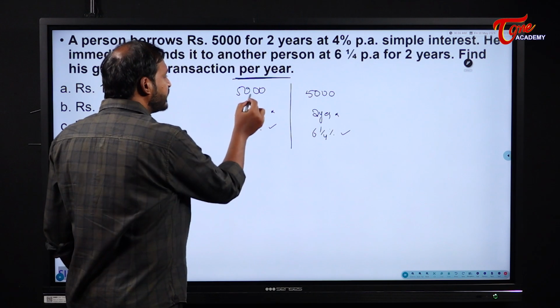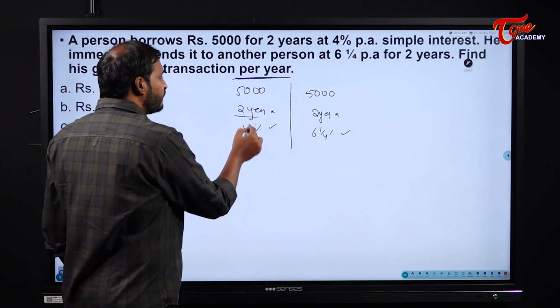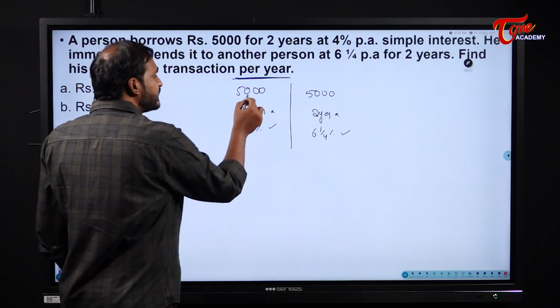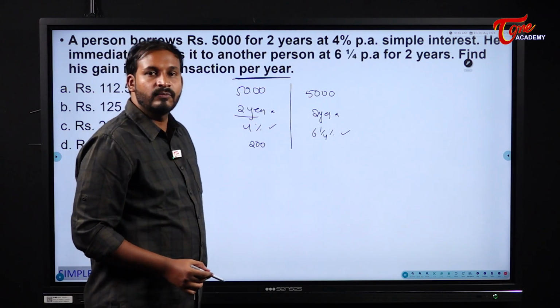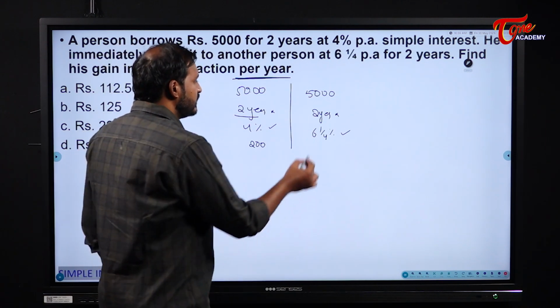Every year, what is 4% of 5,000? 1% is 50, so 4% becomes 200 rupees.